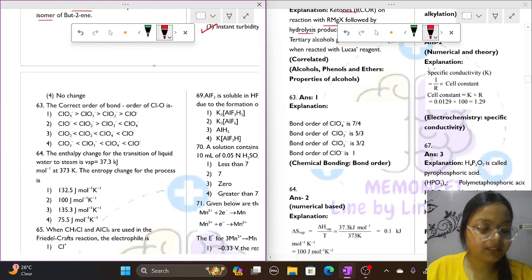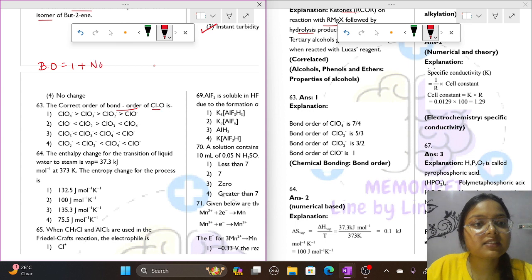In question number 63, the correct order of bond order of ClO is asked. Different types of ClO bonds are given, so we have to find out the bond order. First let's see the formula: bond order equals 1 plus number of pi bonds divided by number of sigma bonds.